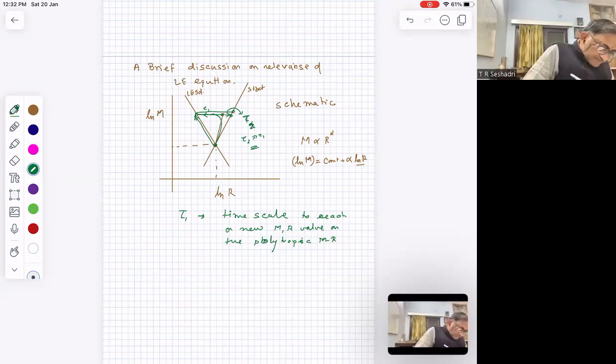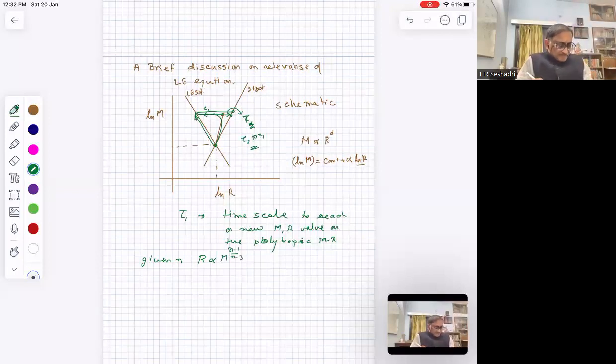Okay. So for a given n, I have radius proportional to mass to the power (n minus 1) by (n minus 3). Right?